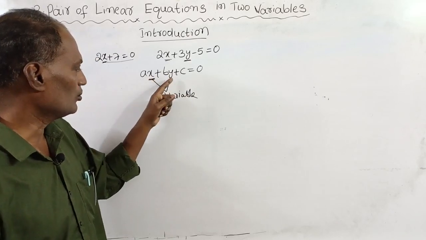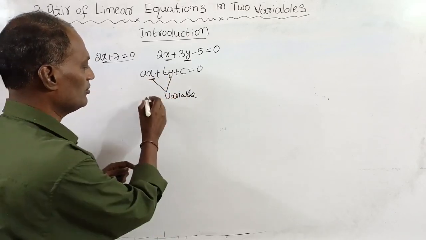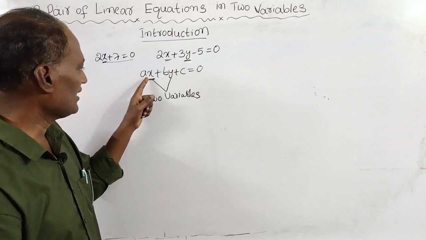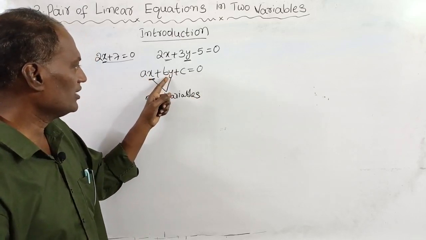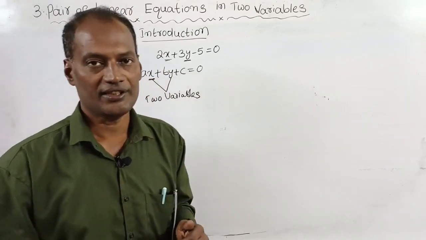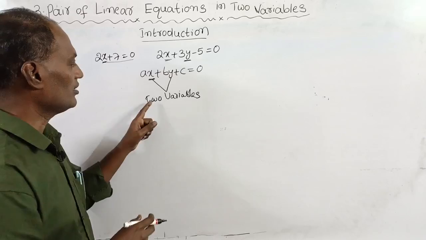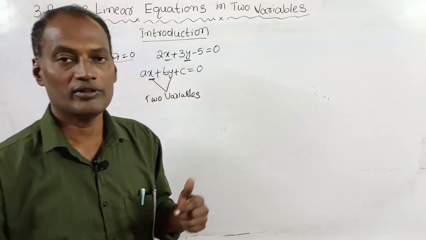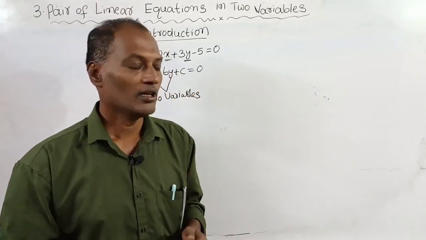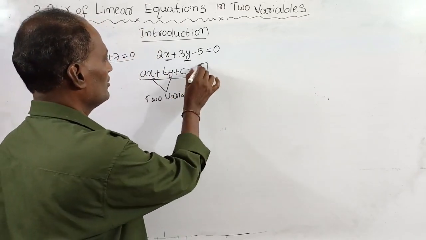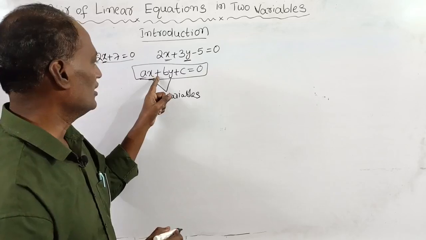The numbers beside x and beside y are called coefficients. We need not talk about the coefficients now; we will talk about them in the coming lessons.